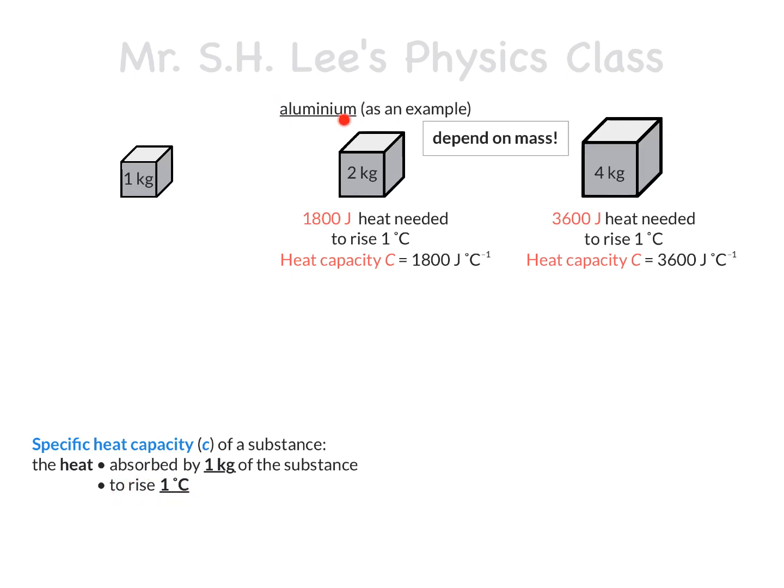In the example of aluminium just now, for 1 kg of it to rise 1 degree Celsius is of course half of this value for 2 kg of aluminium. That is, 900 joule of heat is needed for 1 kg of aluminium to rise 1 degree Celsius. So, the specific heat capacity of aluminium is 900 joule. But 900 joule per what?